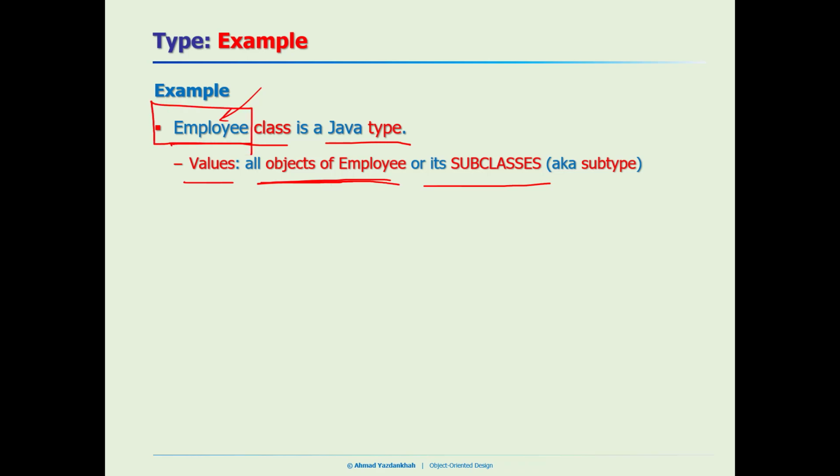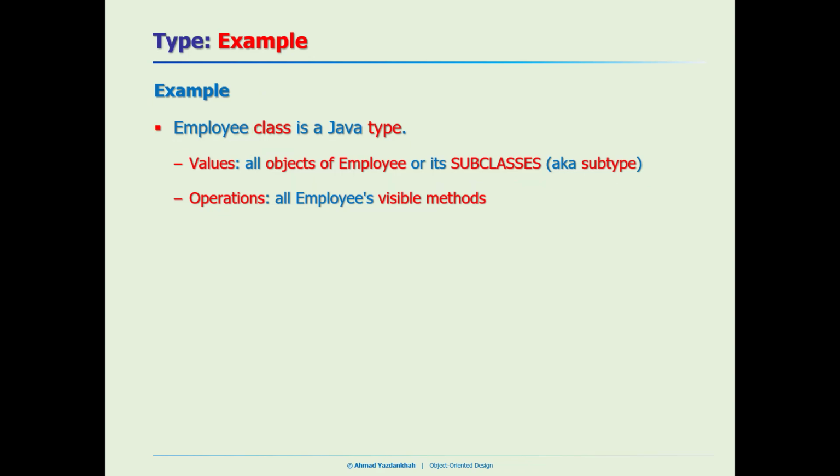So these subclasses, under this topic that we are talking about, type system, are also known as subtype. So, superclass and subclass. Now we have type and subtype. These are the values, and the operations would be the visible methods of the employees.